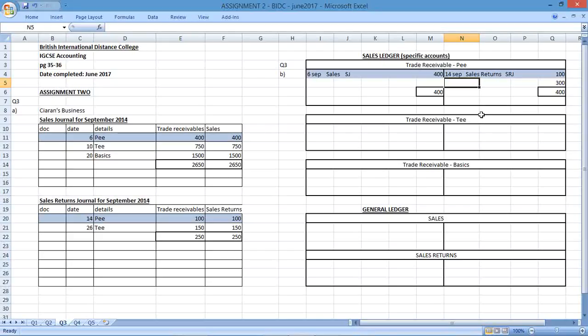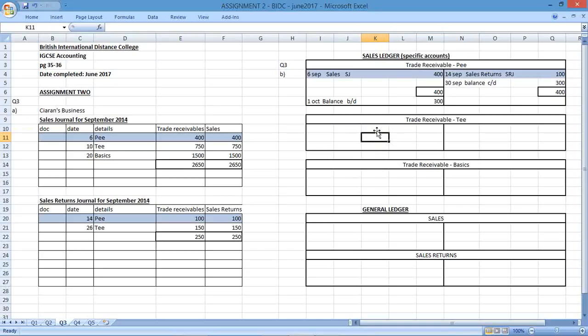300 would be the balance that I would carry down for the next month. So September, balance carried down. September, October, so 1 October, balance brought down, and the amount was 300.